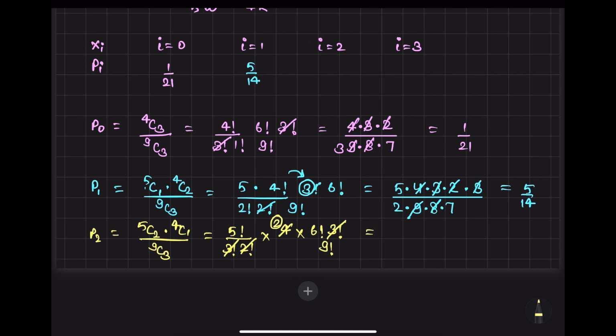We are left with 5, 4, 3, 2. This is 5 factorial, one more 2 because of this, and this 6 factorial I will be neutralizing using 9 factorial. We are left with 9, 8, 7 and then 6 factorial. So 4 twos are 8, 3 threes are 9. So we are left with 10 by 21. So we have 10 by 21 as the probability.